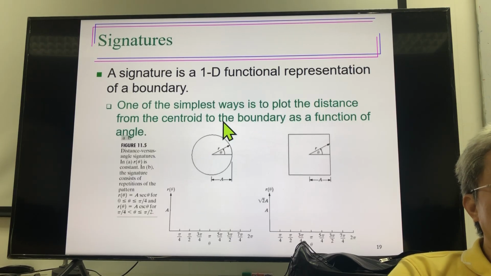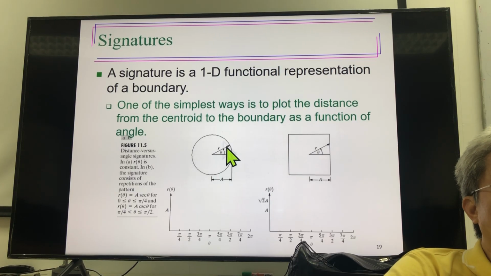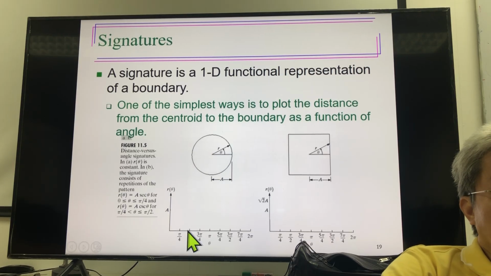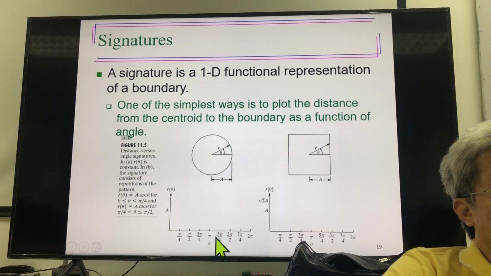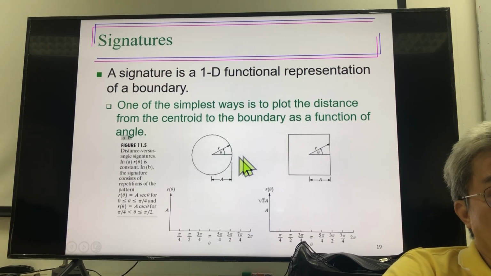Next is signature. Suppose you've got the curve. You can represent this curve or this closed contour by a signature. What is a signature? A signature means the radius as a function, a one-dimensional function along the angle. What is the radius?